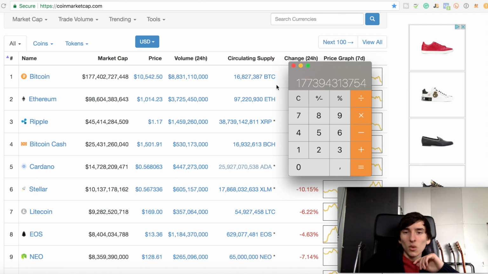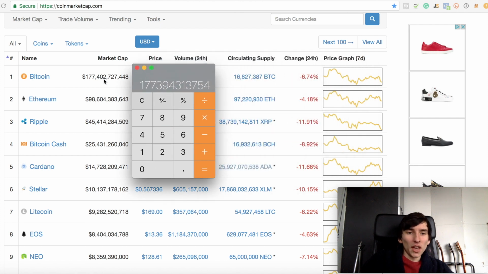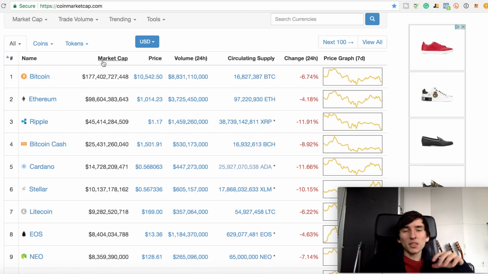And when we multiply these two numbers, we get what should be the market cap, and it corresponds perfectly with the number that CoinMarketCap provides us. So the market cap is the price of all different units combined, and the same goes for every other currency here. Ethereum, price times supply, and you get the market cap.